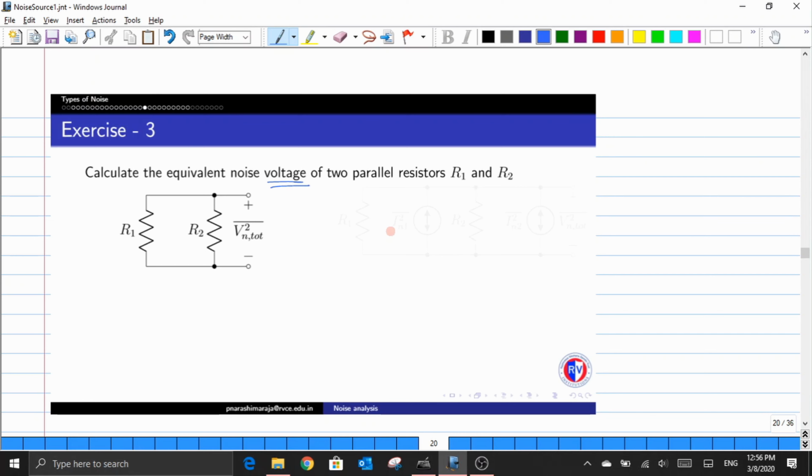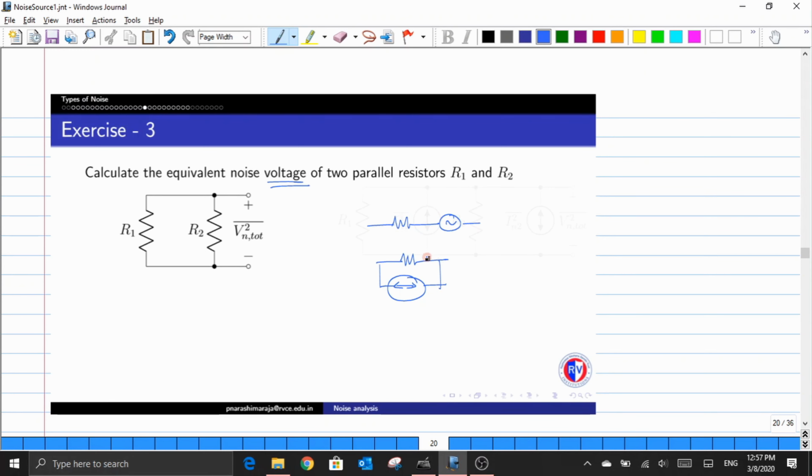Now, as we did in exercise number 1, one could redraw this noisy resistor either as a noiseless resistor in combination with a voltage noise source, or a noiseless resistor in parallel with a noisy current.